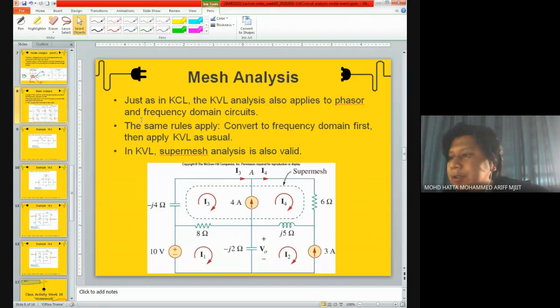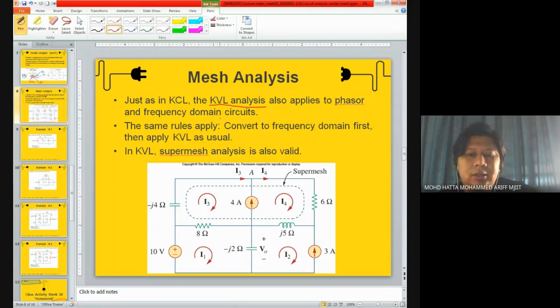For mesh analysis, since we apply KCL for node analysis, what we need to do is apply KVL. This is the difference between node and mesh analysis. If you want to know the details of solving a circuit using mesh analysis, you can have a look at our previous lesson before the semester break.